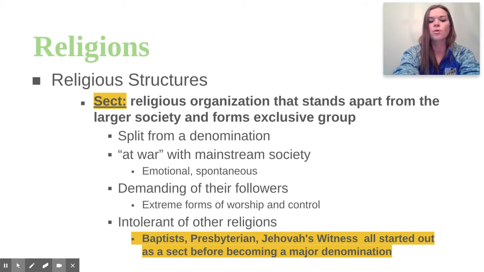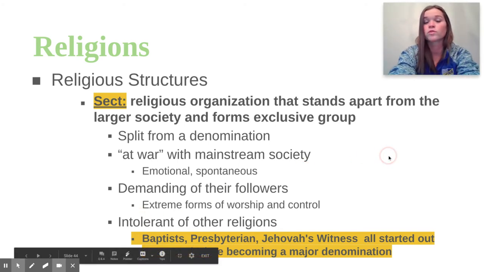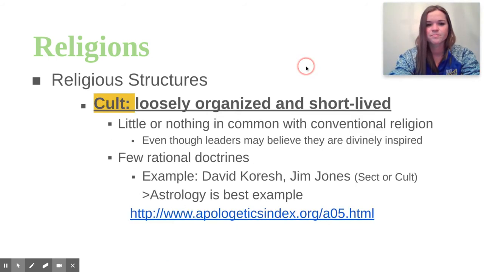Sects normally make demands of their followers and require extreme forms of worship and control. Typically intolerant of other religions, not always. As an example, Baptist, Presbyterian, Jehovah's Witnesses all started out as a sect before becoming a major denomination. I know maybe the structure seems confusing, but I think our activity today will help with that.